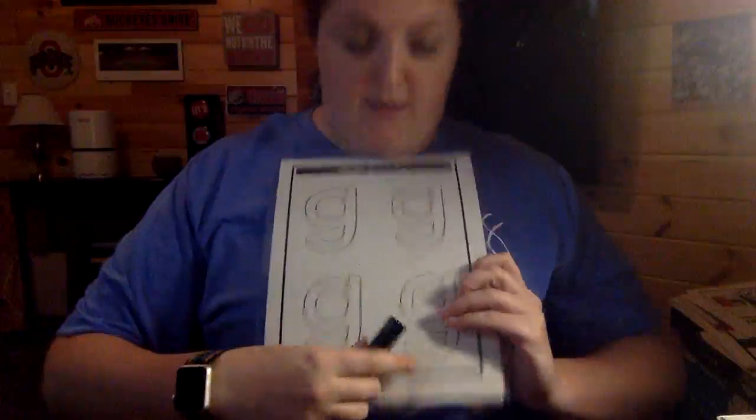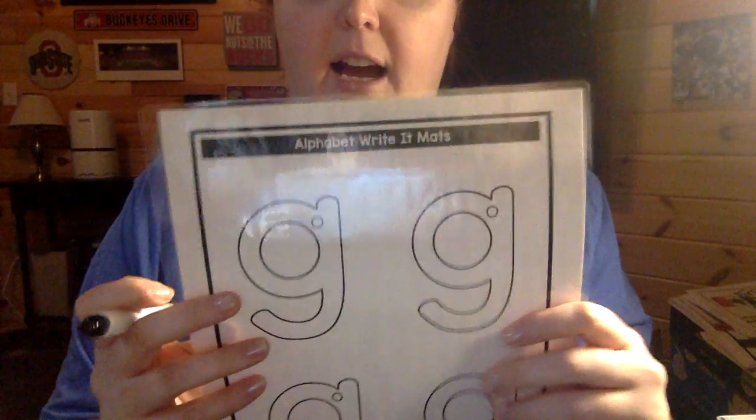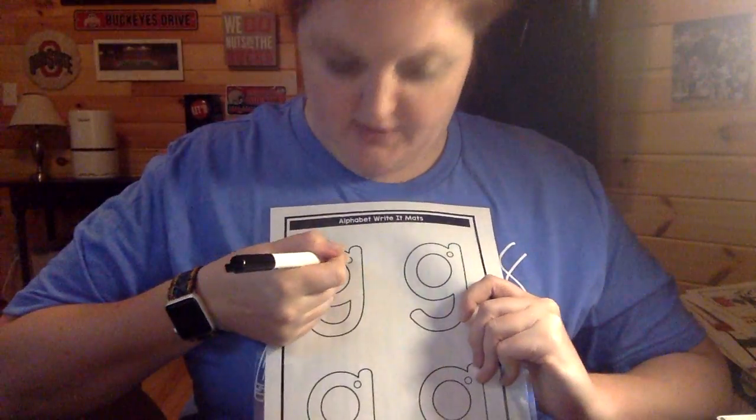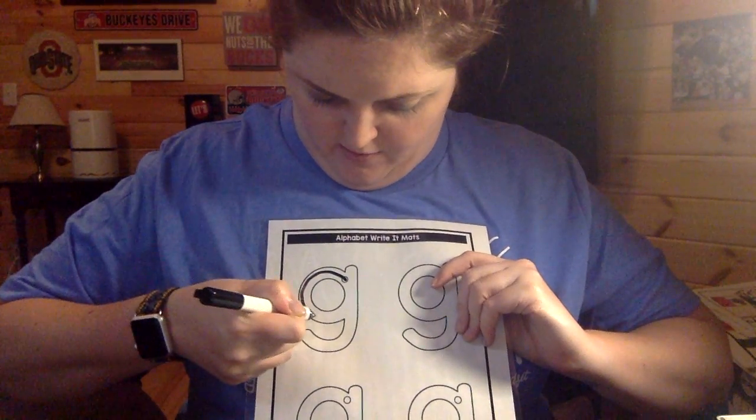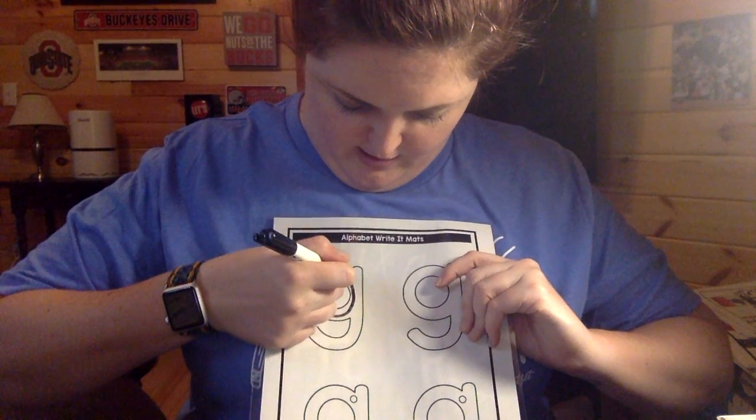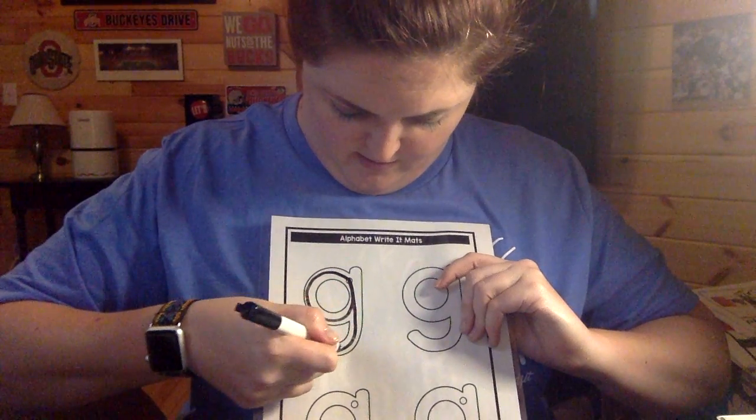Now, let's do some tracing. Lowercase g's, just like our little poem, our little story. We'll start at the dot. We're going to go over, around, up, down, and curve.